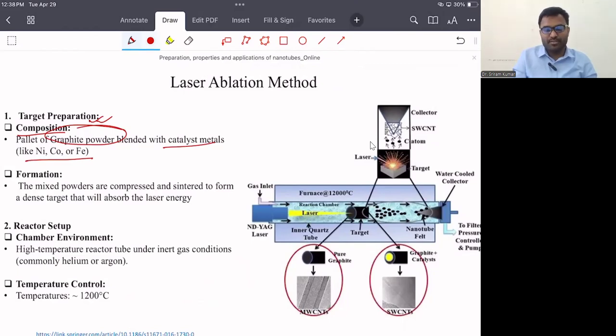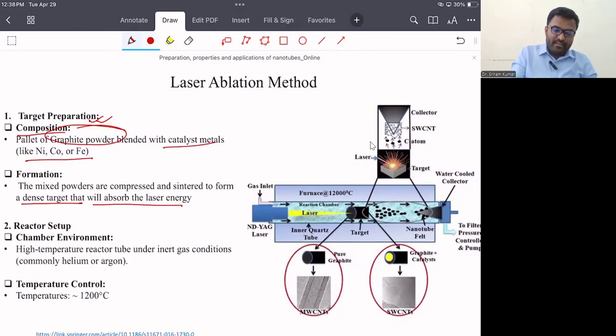Then we need to sinter that material so that we get a dense target material that can sustain and absorb the high power laser.